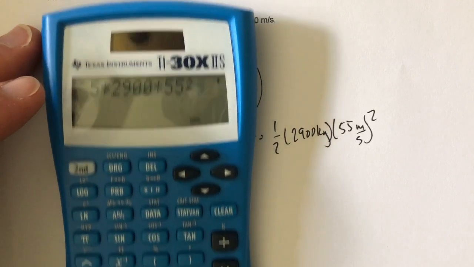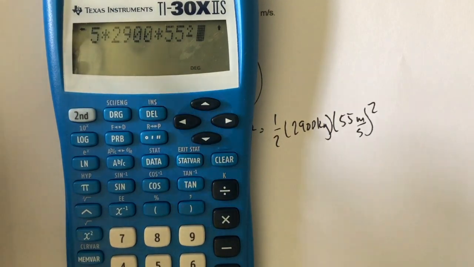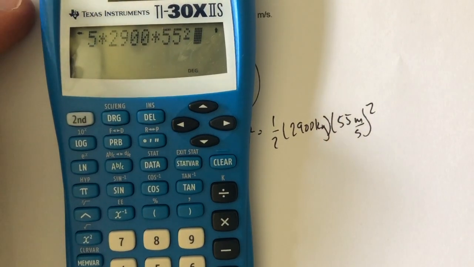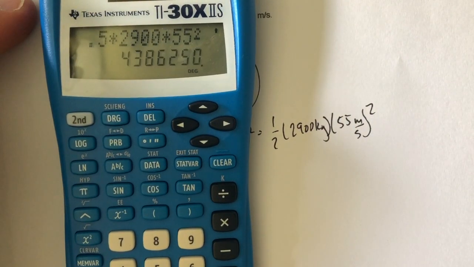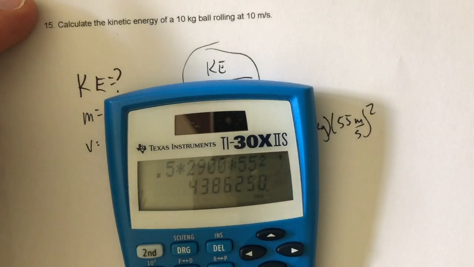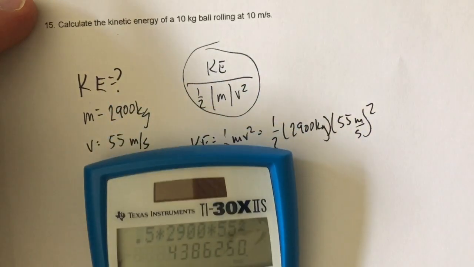I hit the squared button right here. And only the 55 gets squared, remember. I hit equals, and that is a rather large number, 4,386,250 joules.